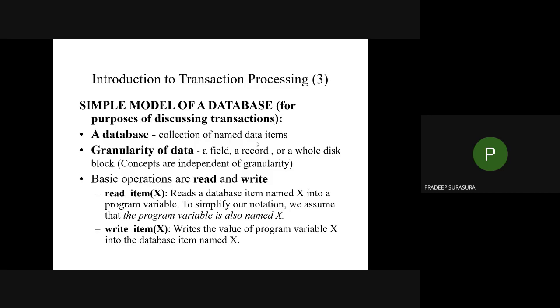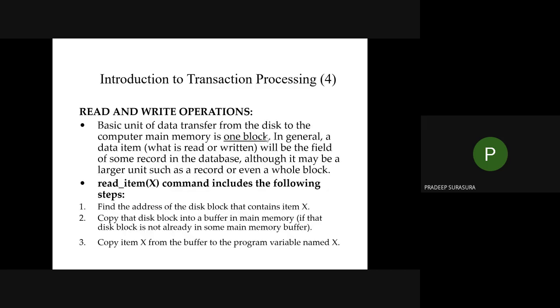So read item of X represents that you are reading an object named X into the program variable. All right, so we always assume that read item of X represents reading an item X. Similarly, when you're writing an item, write item of X means you're writing the named variable X into the database. Okay, so read and write operations are the basic units.